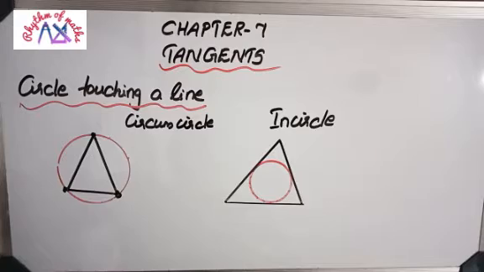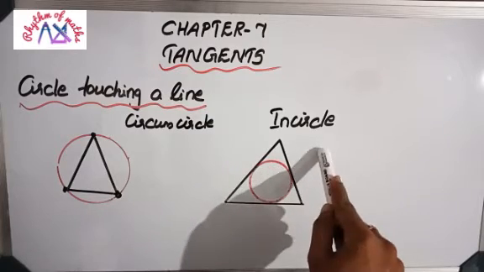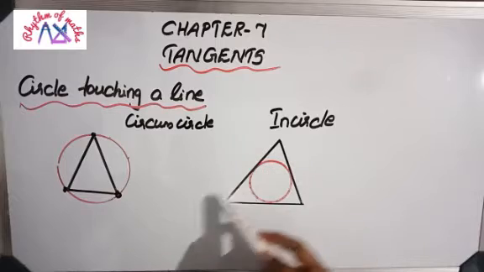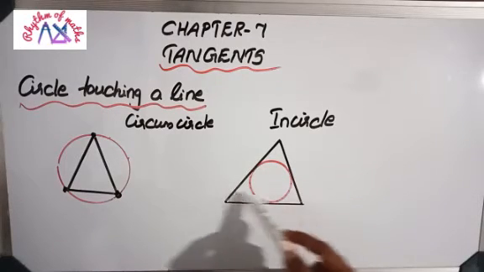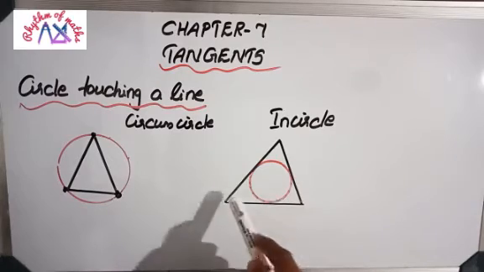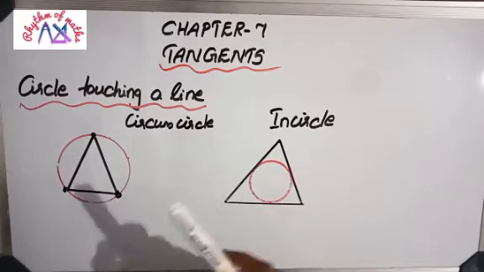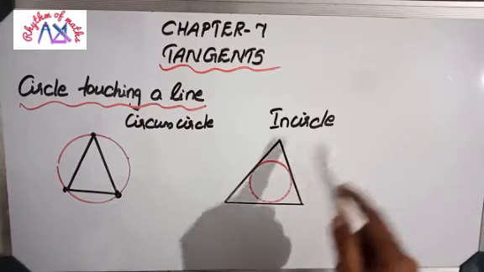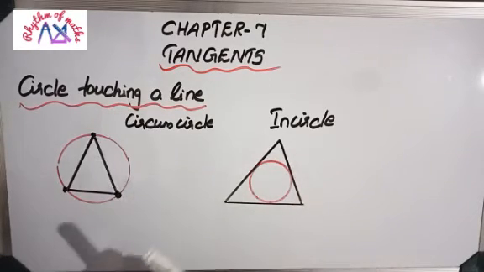This is incircle. And here the method to draw an incircle is by drawing the angle bisector. Bisectors of two angles, at least two angles, you have to consider. By drawing those two bisectors you can draw the incircle. The concept is that the bisectors of all the three angles of a triangle will meet at a common point.